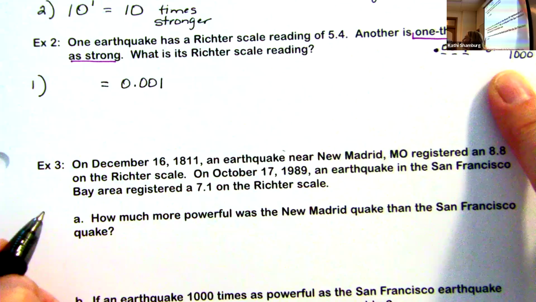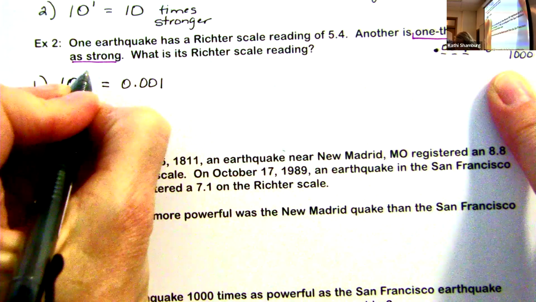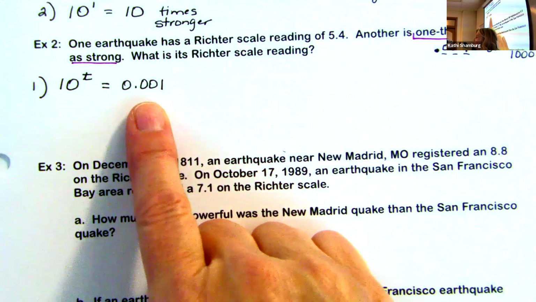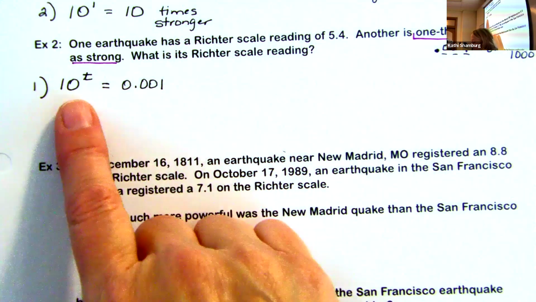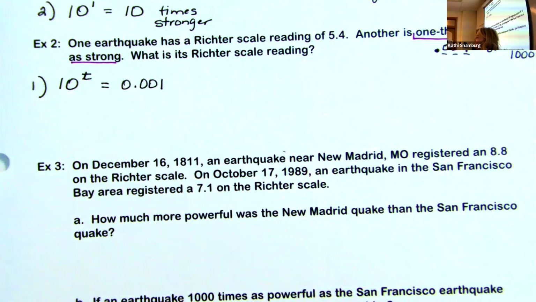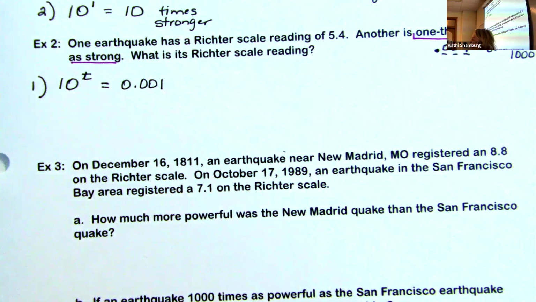And we know that the strength of an earthquake is found by 10 raised to some power. So it makes sense that this one's less strong, because 10 to the first power is 10. This number's going smaller. Okay, so I've got to figure out what the exponent is.